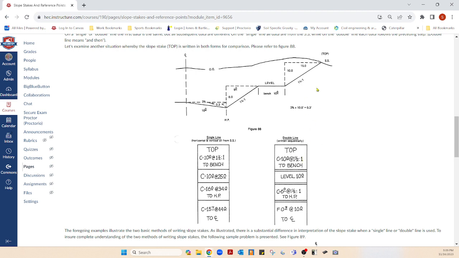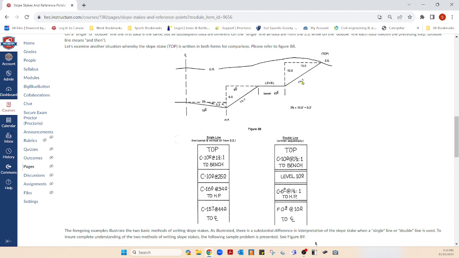Now, on the same exercise, the double line. Let's start at the top right here, and we're going to go down to this, they call this the bench, and it's a level bench. So it's a cut of, just like over here, pretty much, it's going to be a cut of 10, as it says right there.